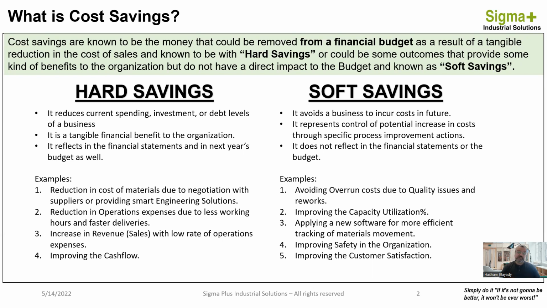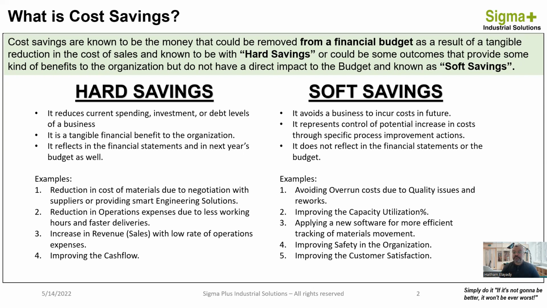Some examples that I would like to share with you about hard cost saving. For example, the procurement department negotiating with the suppliers to get a reduction in the price of materials, which at the end will improve the margin of the project. This is considered a hard saving.